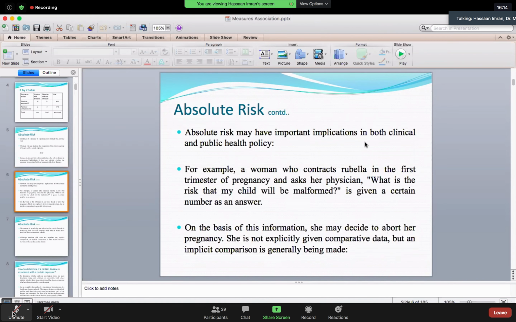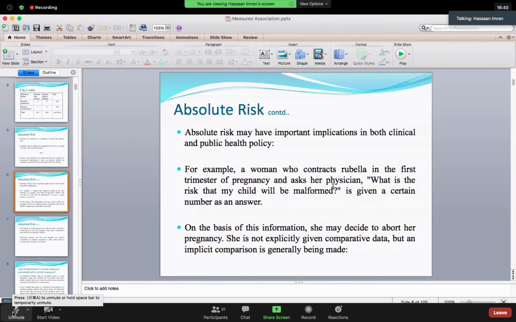Now, this absolute risk, what does this mean? It has important implications in both clinical and public health policy. I think I might have shared this example with you. If any gynae people are with us, anyone who might be practicing. Now see what happens.